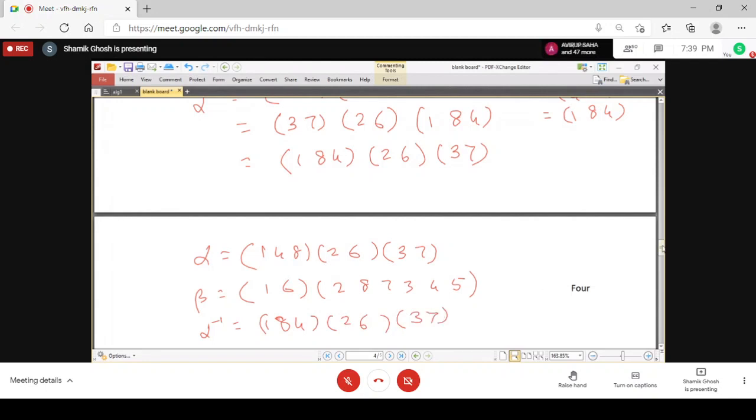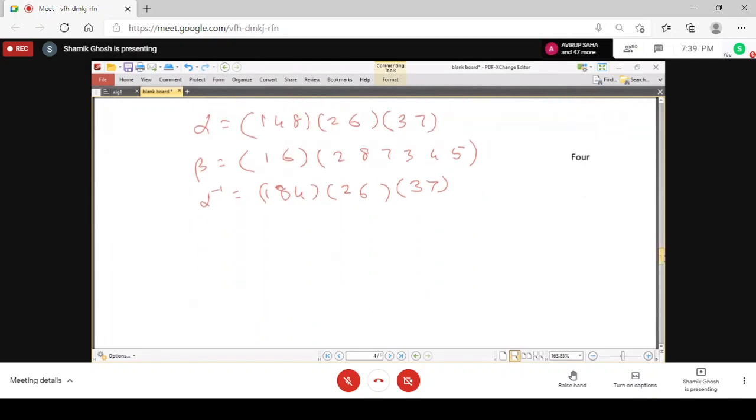So you see that same composition what I did for 2-row notation. Now we can do it in a much easier way.